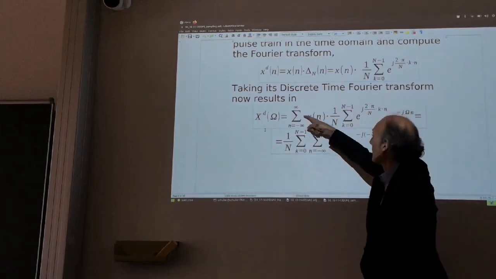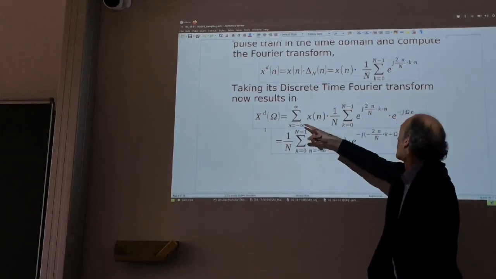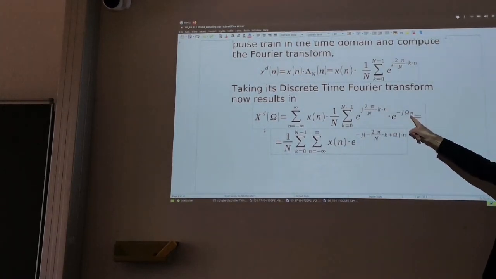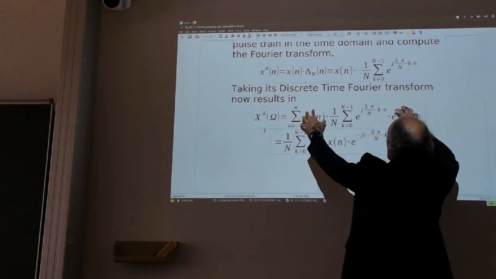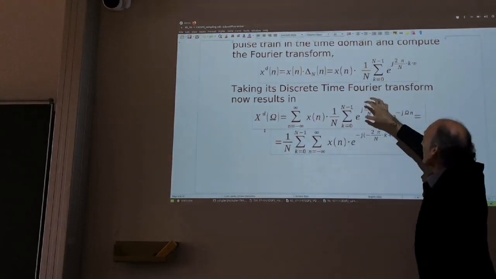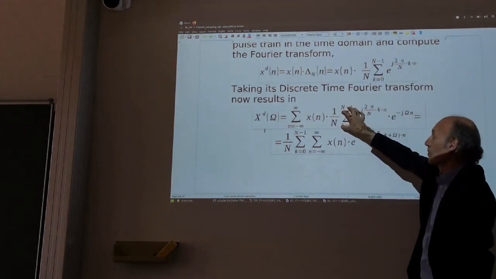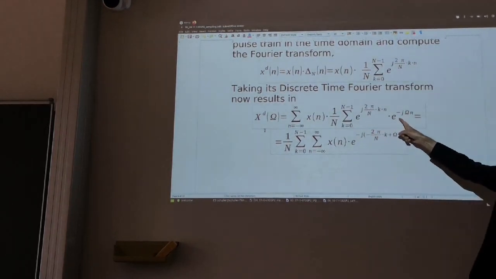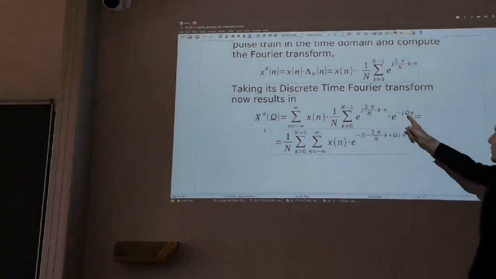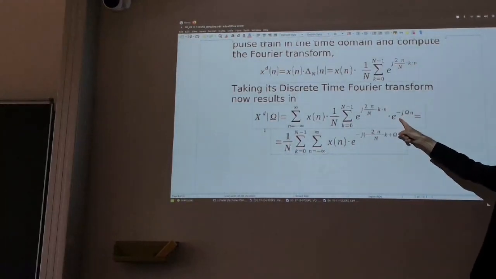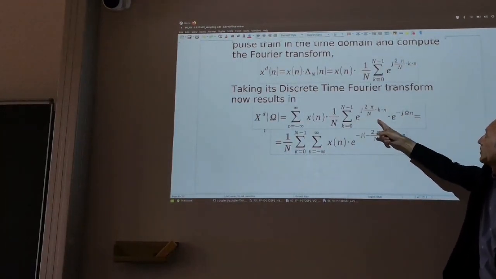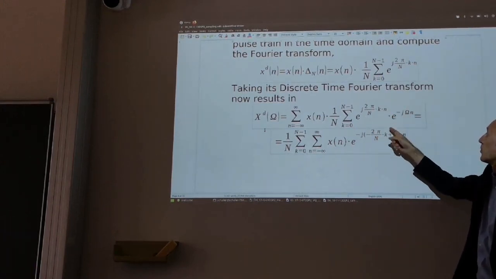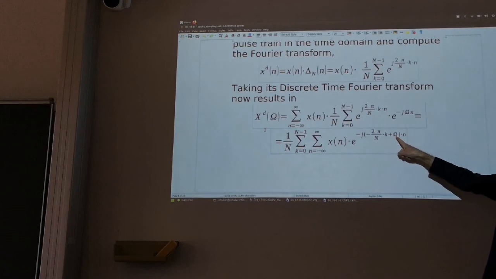So here is the sum from the Fourier transform, and this is the Fourier transform kernel, remember? So this is part of the Fourier transform, and this is now our sample sequence. And now you see that it nicely fits to the Fourier kernel. So we can put them together and add the exponent, which you see here.